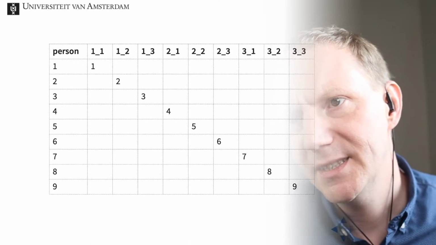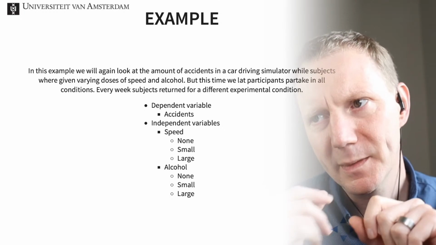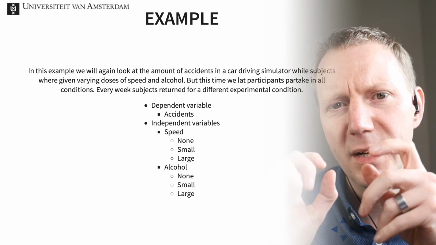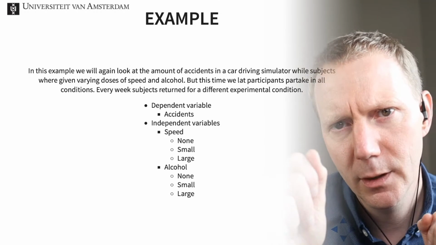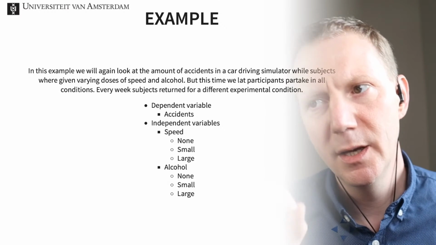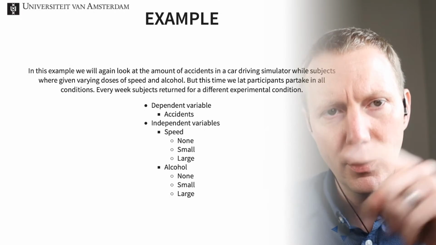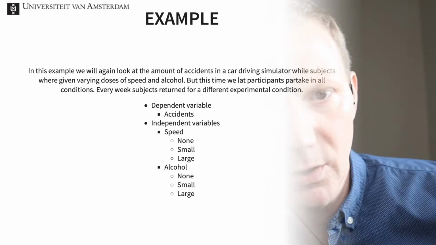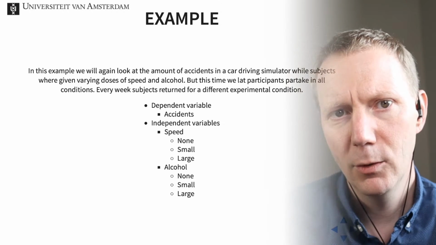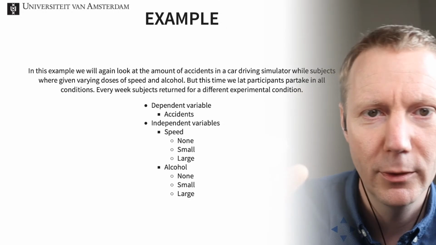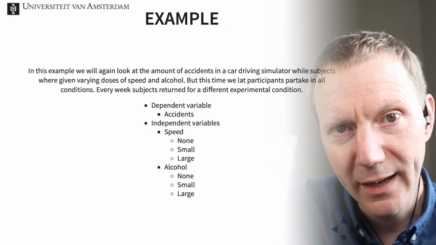Now the thing you have to realize is that because you're assigning each and every individual to all conditions, you have to use all the combinations again. I think we've seen this already with the factorial independent ANOVA. That's where you had a group of people that had to go into a specific category.